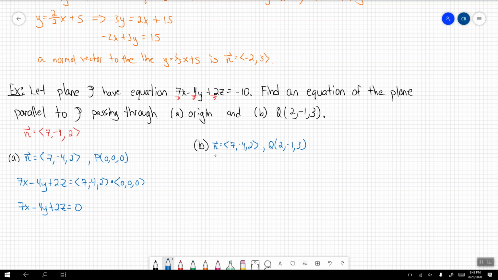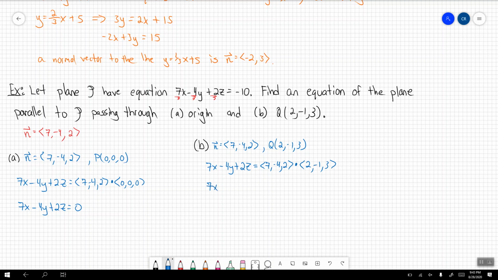Naturally, the normal vector goes back to the coefficients for the plane. So this is 7x minus 4y plus 2z is equal to, well, not exactly Q, but the dot product of the normal vector and the vector from the origin to point Q, which is the vector 2, negative 1, 3.